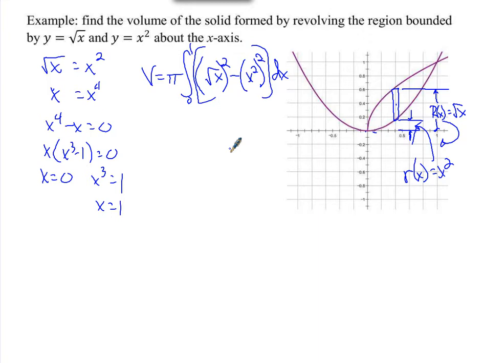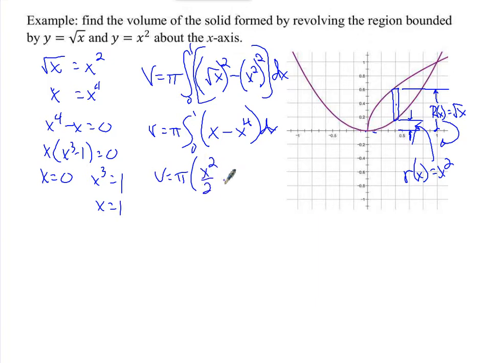So now what do we do? Simplify. V equals pi times the integral 0 to 1 of x minus x to the fourth dx. And then we integrate. V equals pi times we need to integrate and we're going from 0 to 1.